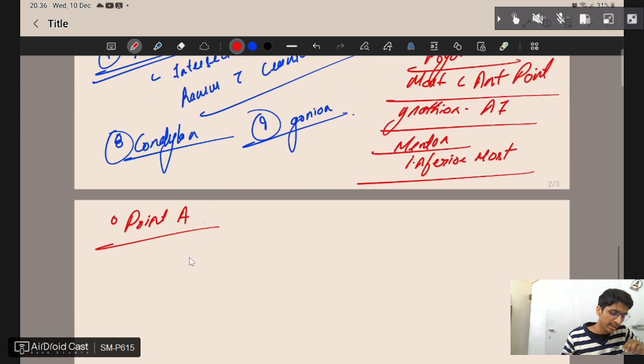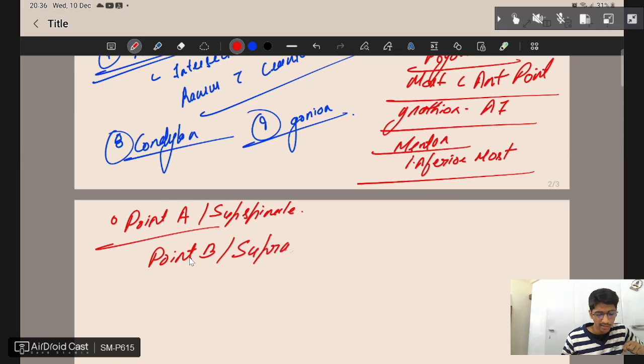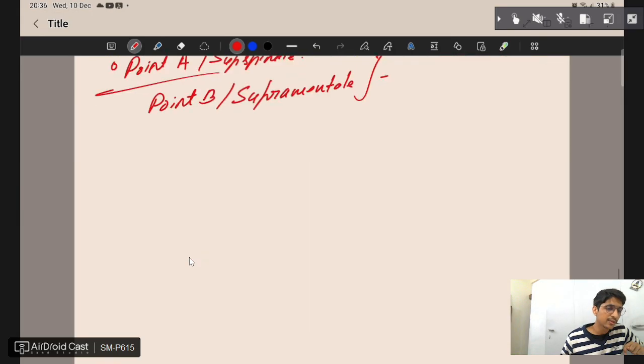Another name for point A is subspinale, and point B has another name, supramentale.